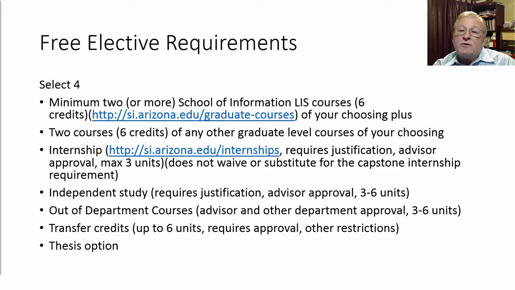Then, up to 2 courses may be courses of your choosing. You may have 1 additional internship beyond the capstone, an independent study, out-of-department courses, transfer credits, and so on. Most of these, besides other LIS courses, require your advisor's approval and possibly a petition or course justification. And there are some limits, such as for transfer credits. So make an advising appointment or send your advisor an email if you're thinking about any of them.